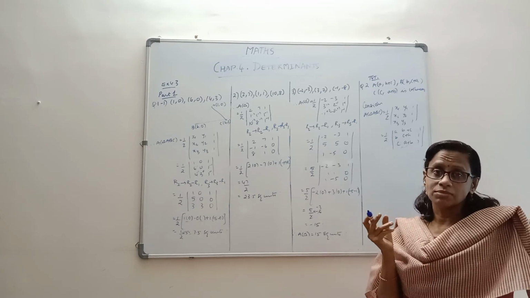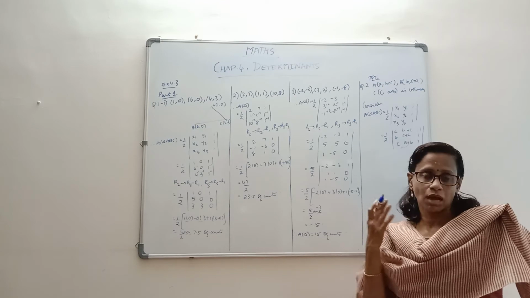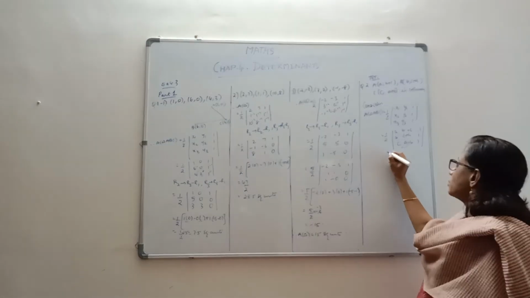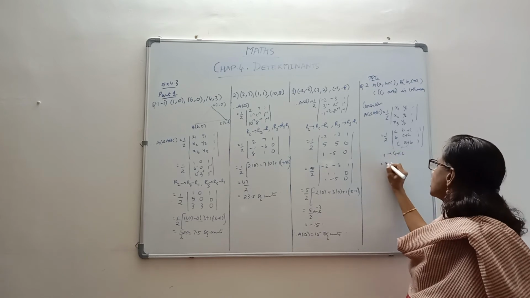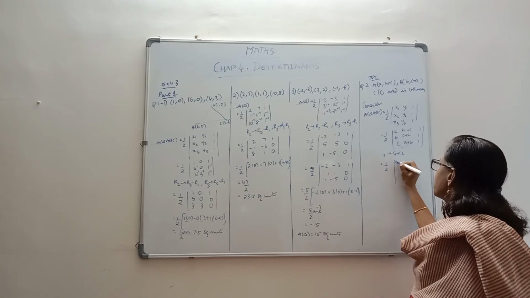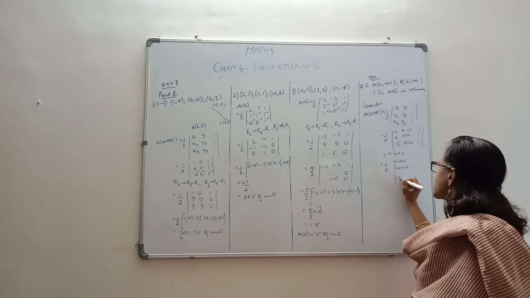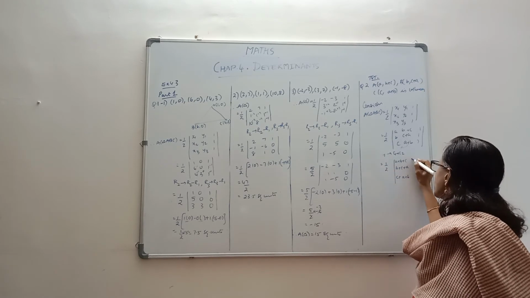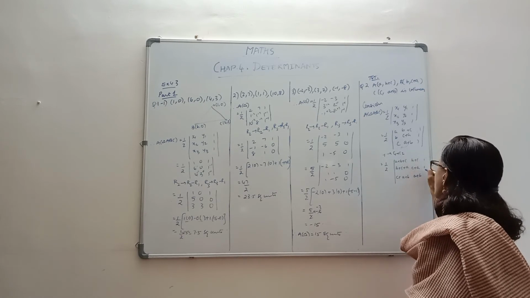Then you will get 2 columns identical, and then the determinant value will become 0. So that's how you will be able to proceed. Let's see, we are operating C1 by C1 plus C2. So you are getting this as half times A plus B, B plus C, C plus A plus B. Net effect, it is A plus B plus C only. B plus C, C plus A plus B, 1, 1, 1.